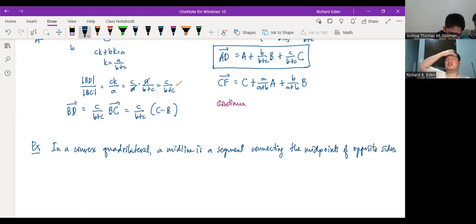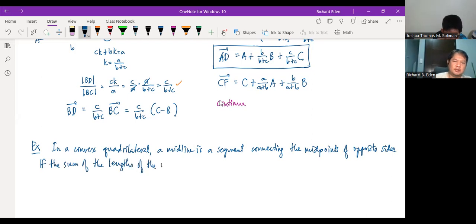So you have two pairs of opposite sides, so that means there are only two midlines. If the sum of the lengths of the midlines equals the semi-perimeter.